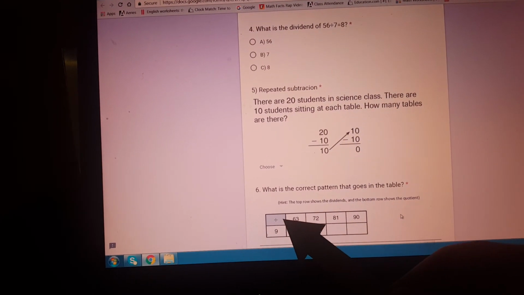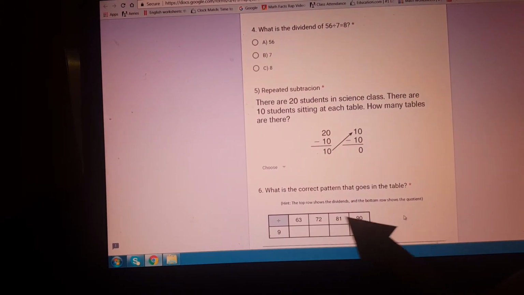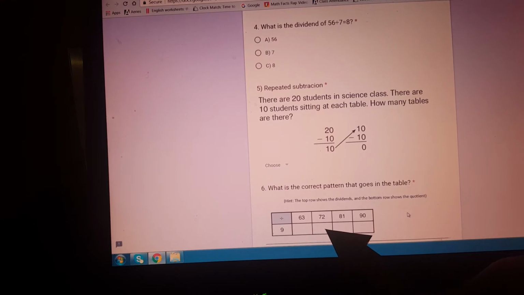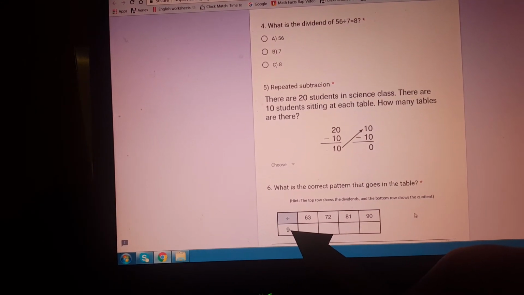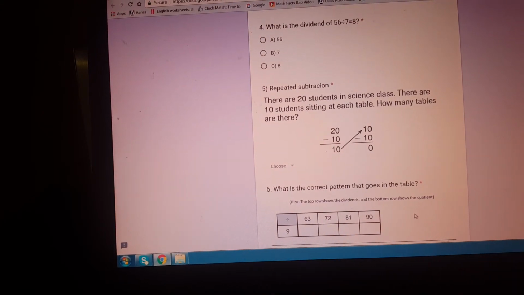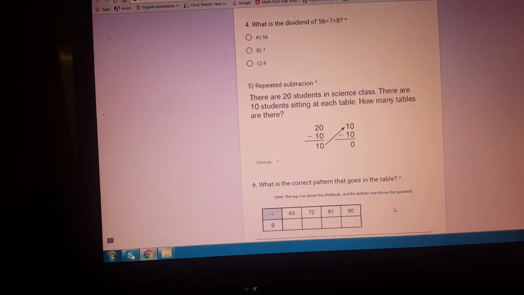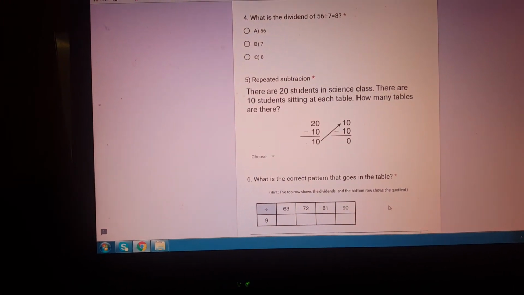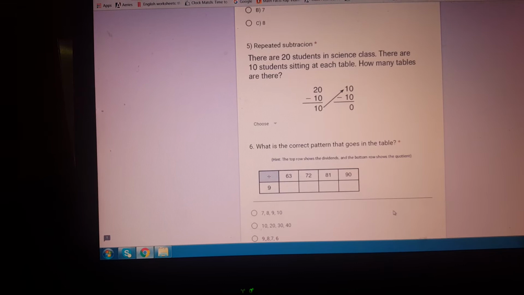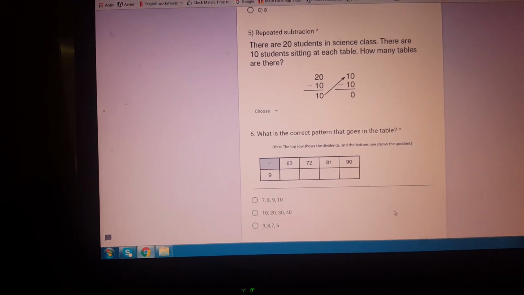So these are the dividends, these are the quotients. This is the divisor. If you need more time to show your work and figure it out, pause the video.